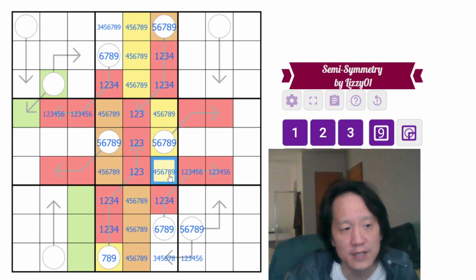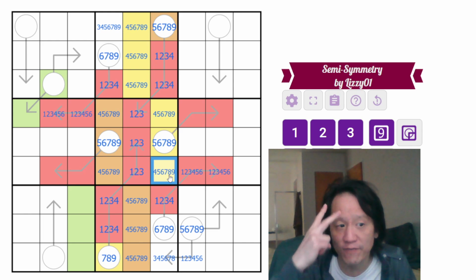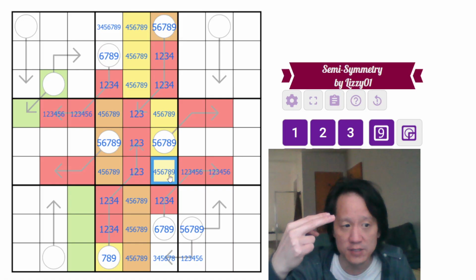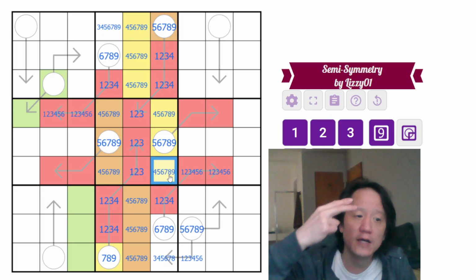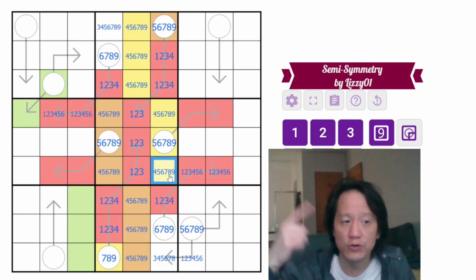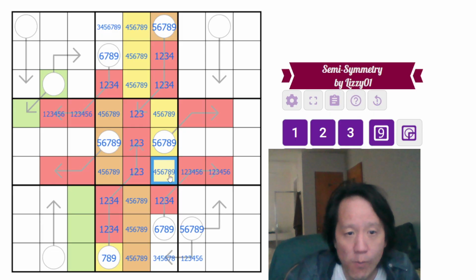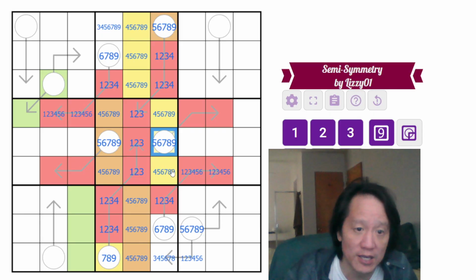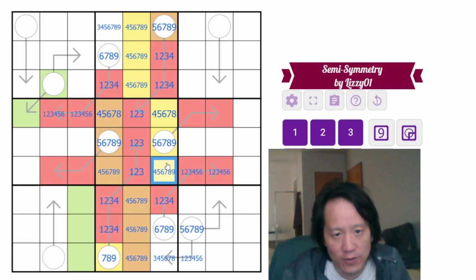And because of that, that drops 3 degrees of freedom. And we already lost 2 degrees of freedom from the 4 having to go up to the 6. So if the 5 has to go up to a 6, we also lose 1 more degree of freedom, which means 6 degrees of freedom lost when we only had 5 available. So the 9 has to be in one of the circles. That's actually very clever.